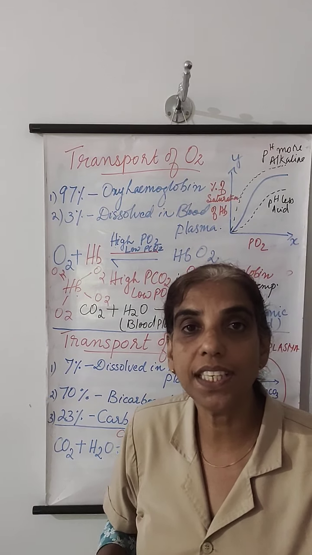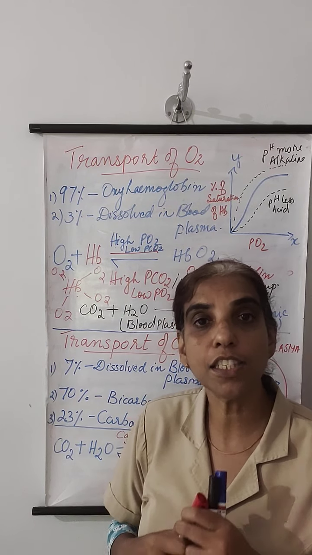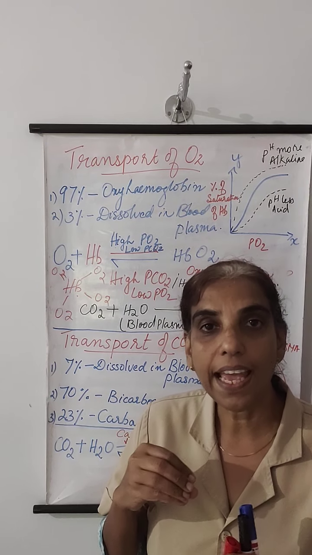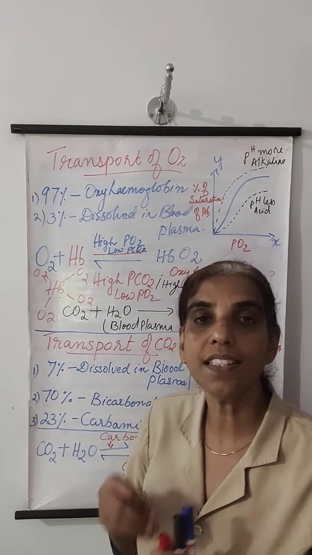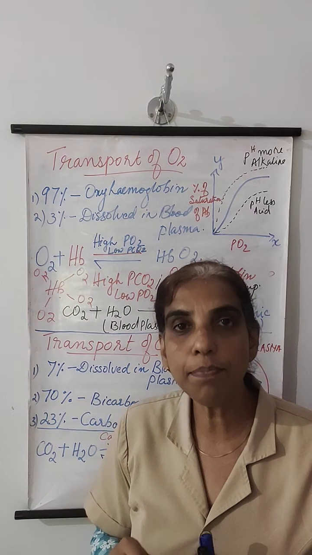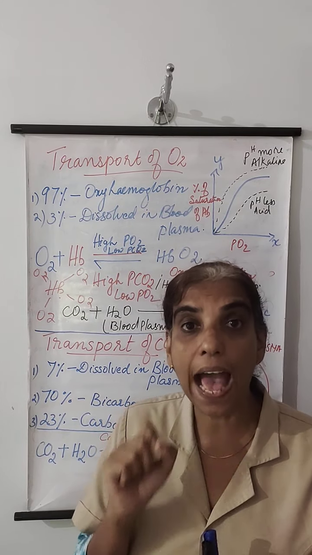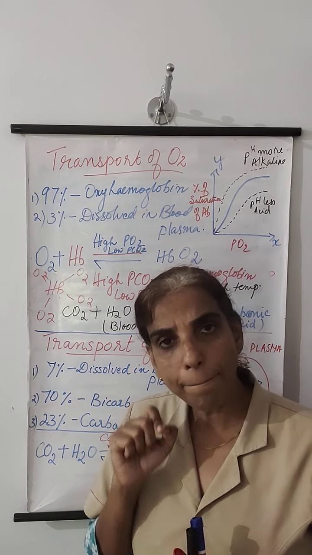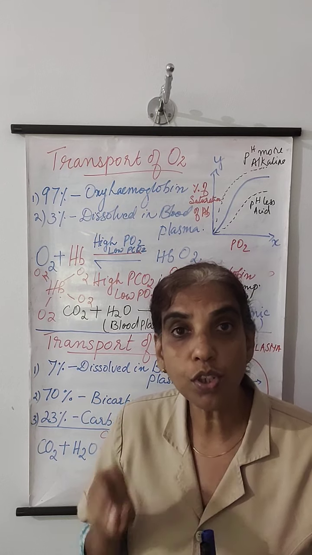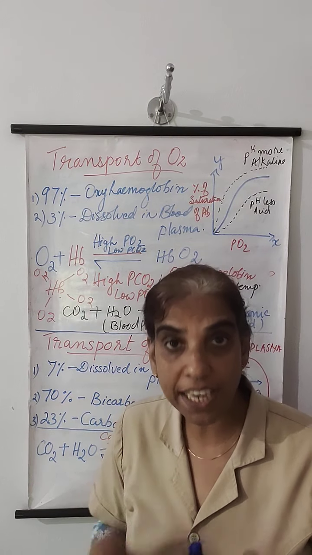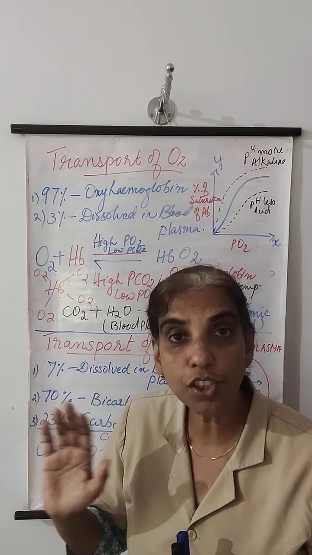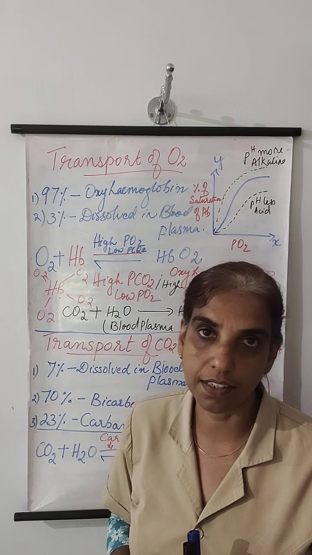Now there is a question: what is ultimately this partial pressure? When we go for the diffusion as well as the transport of the respiratory gas, the principle of partial pressure plays a major role. Partial pressure represents the pressure which a particular gas exerts in a mixture of gases.